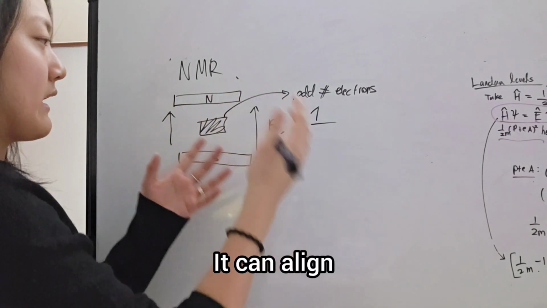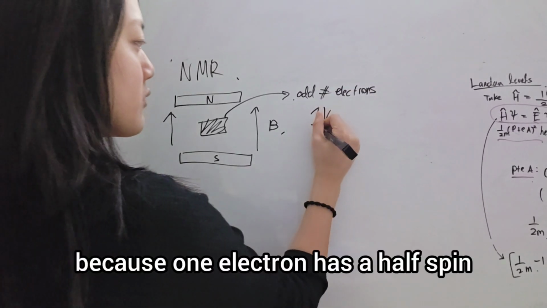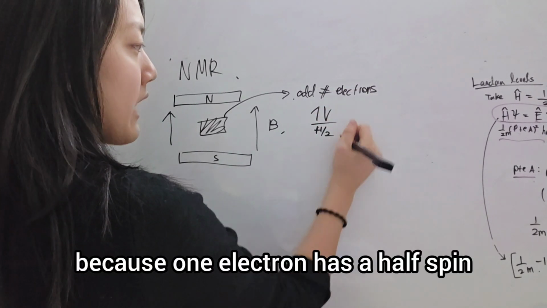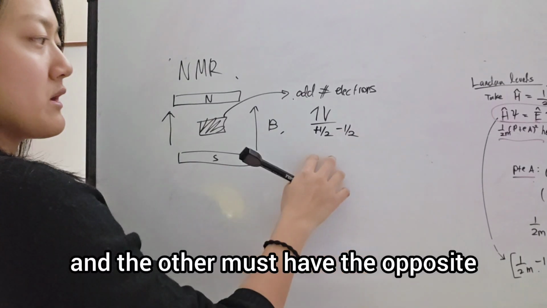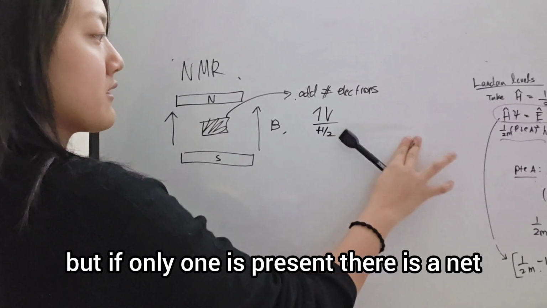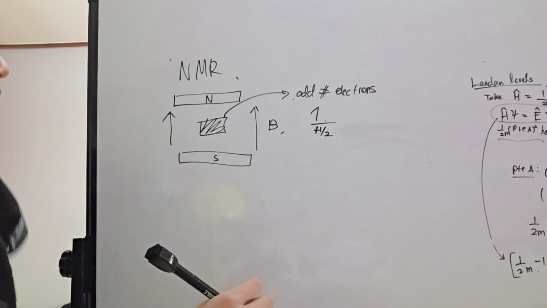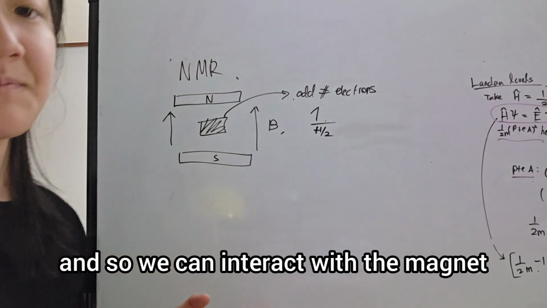It can align. It can be its own little magnet, but if it's canceled out, the overall spin is zero, because one electron has a half spin and the other must have the opposite and equal spin. So this would equal zero. But if only one is present, there is a net spin, whichever one it might be, and so it can interact with the magnet.